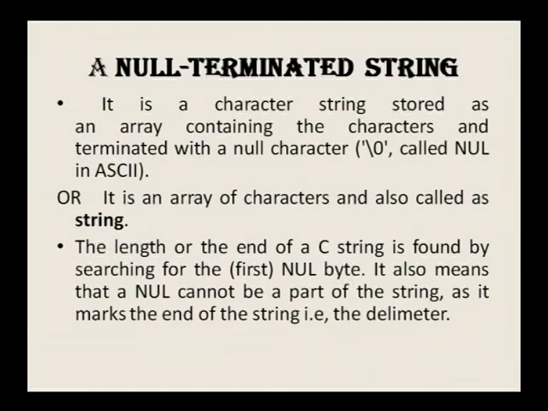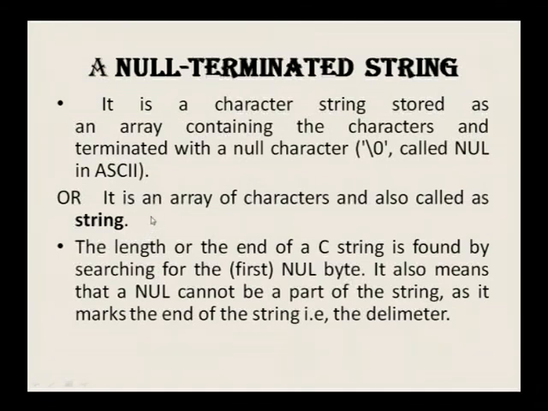A delimiter is some special symbol that marks the end of the string, so that whenever the system is processing a string, it knows when that string actually ends. That is why this delimiter is a null character, which the compiler itself assigns to every string at the end.